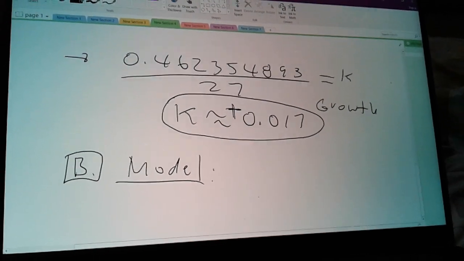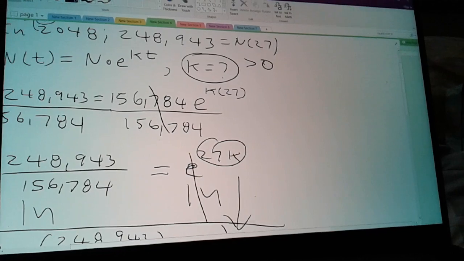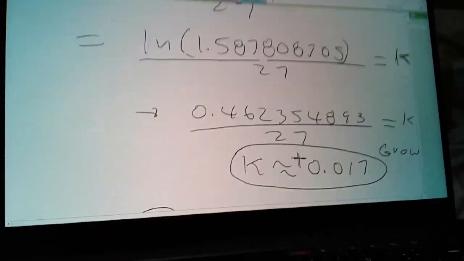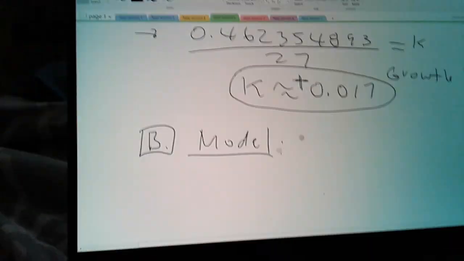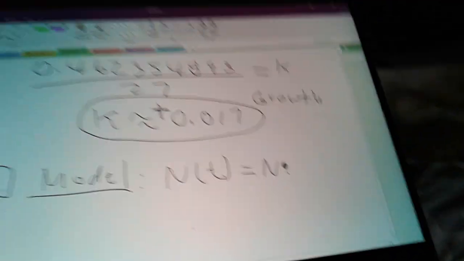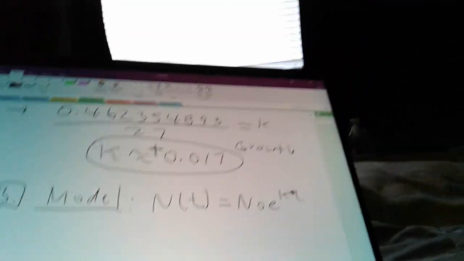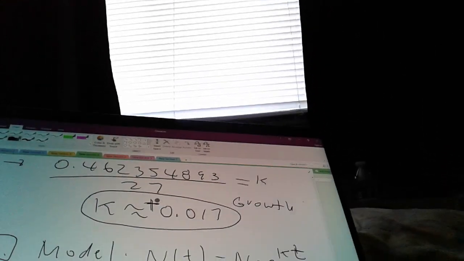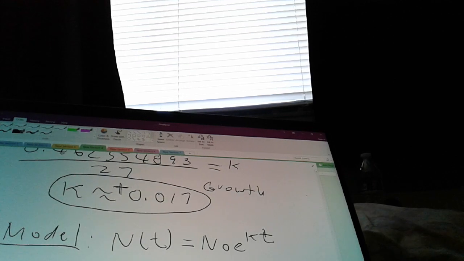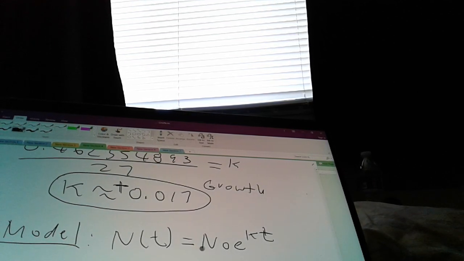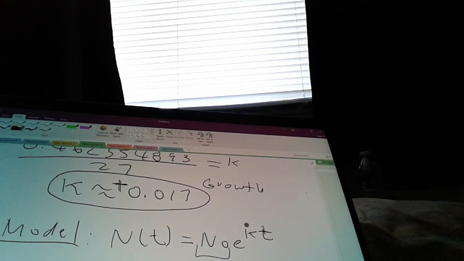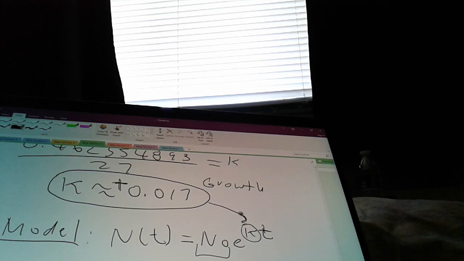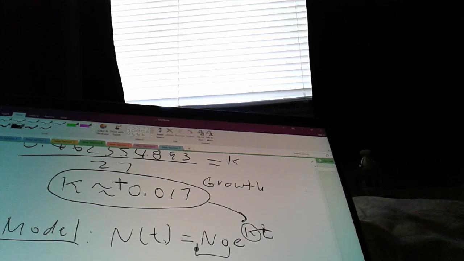Okay, so that's part A. So part A was getting the growth factor. The growth factor was what we just found, positive 0.017. So then I tell you to model it in part B. That's the easy part. Getting K is harder, but modeling it is easy because you have everything that you need. So the initial amount is given to be the number of people in 2021.